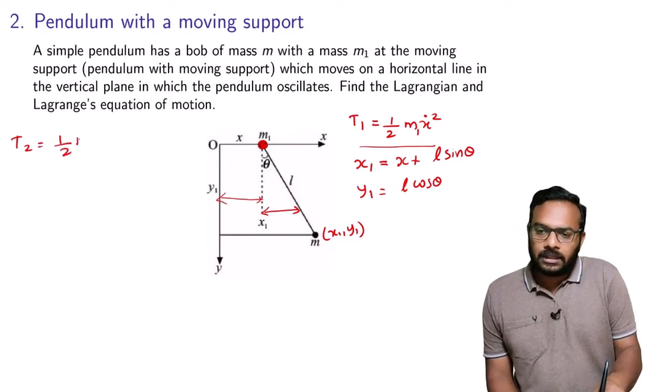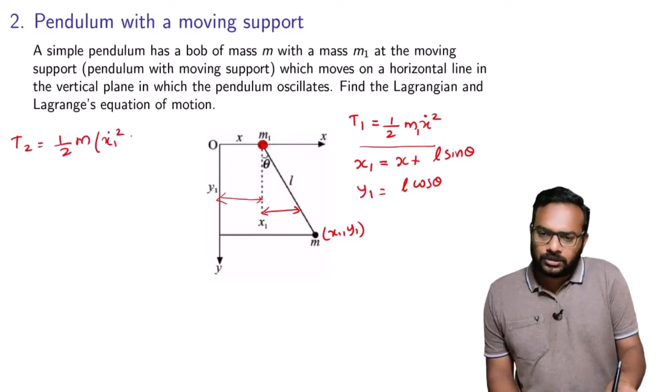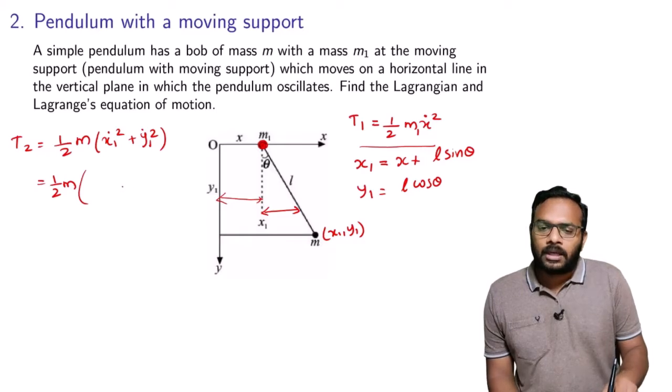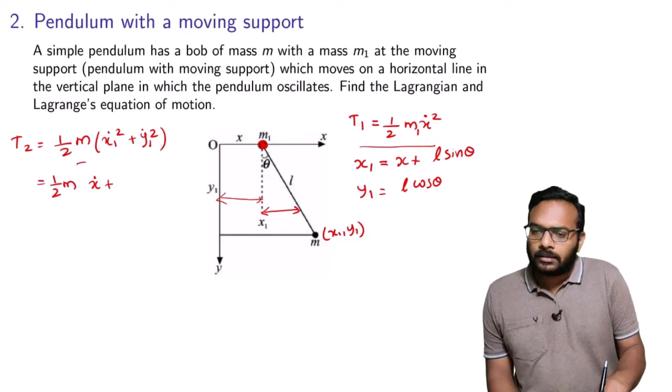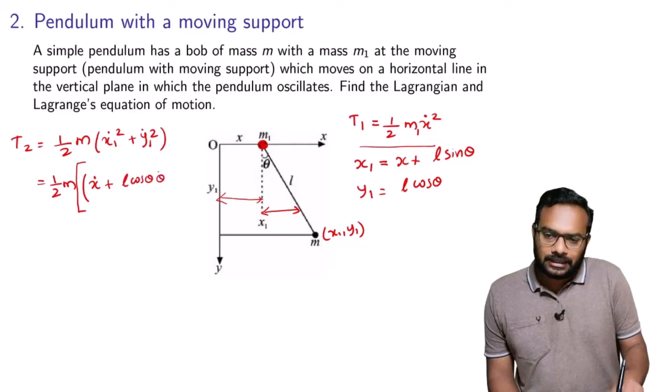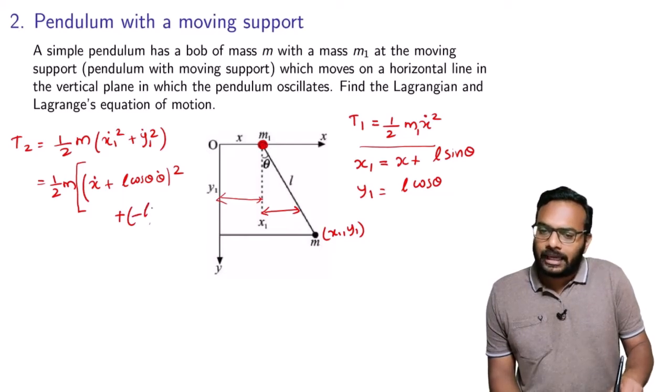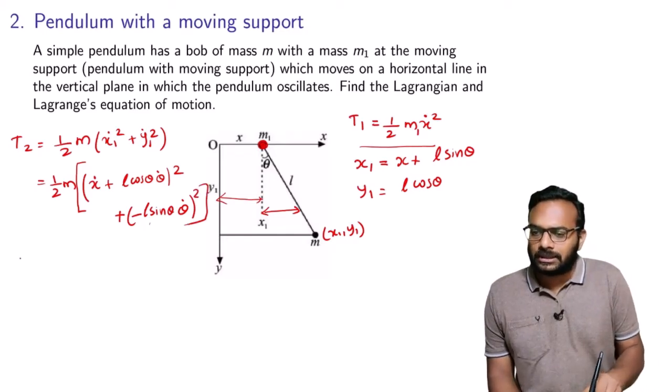T2 is half m times x1 dot squared plus y1 dot squared. Here x1 dot is x dot plus L cos theta theta dot, and y1 dot is minus L sine theta theta dot. That's T2. Now it's a matter of simplifying this.